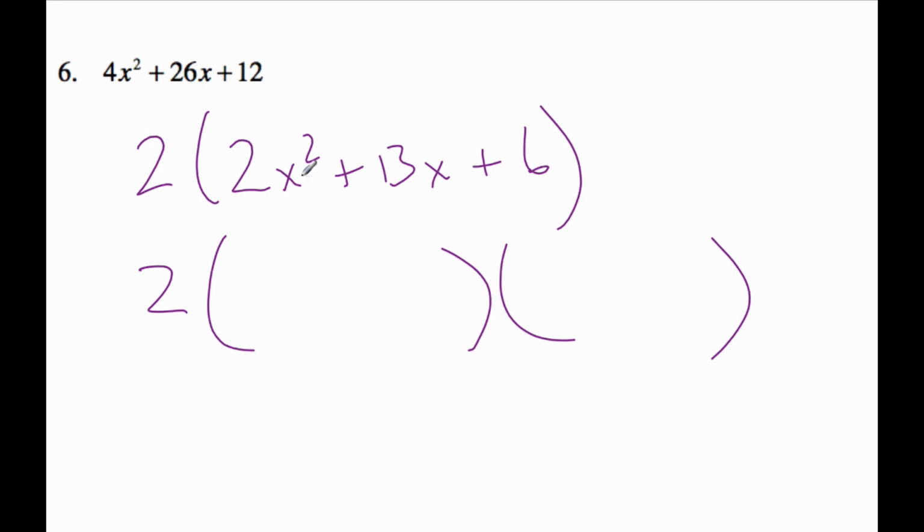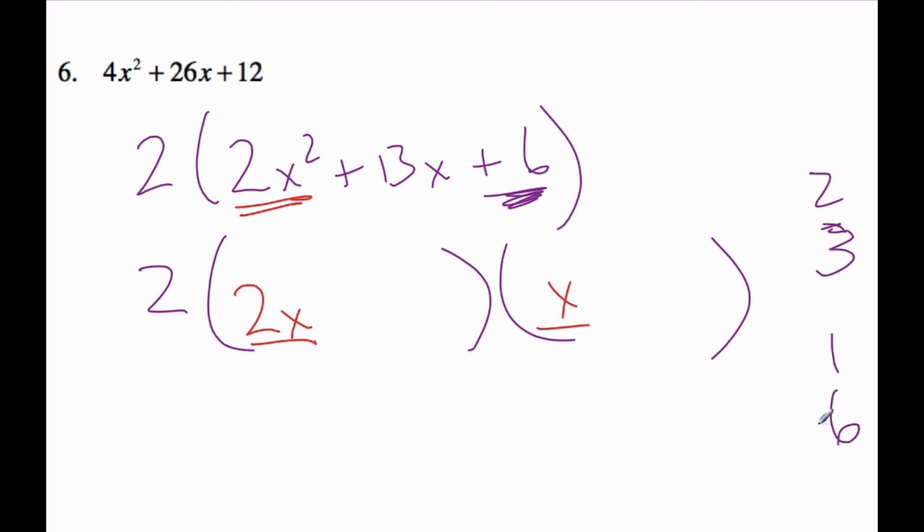So I know 2x here and here, so let's make it a 2x and an x. And then I know the 6 could be 2 and 3 or 1 and 6.